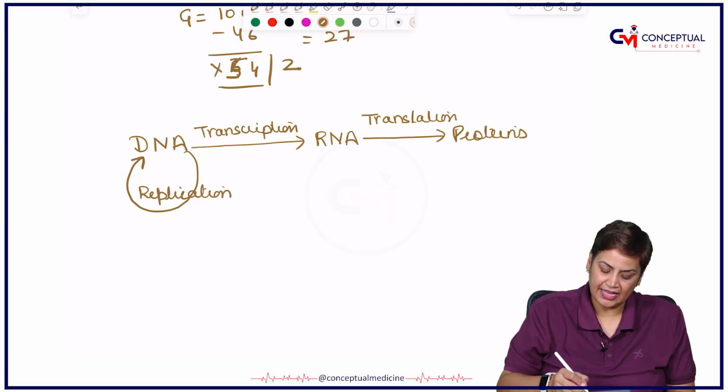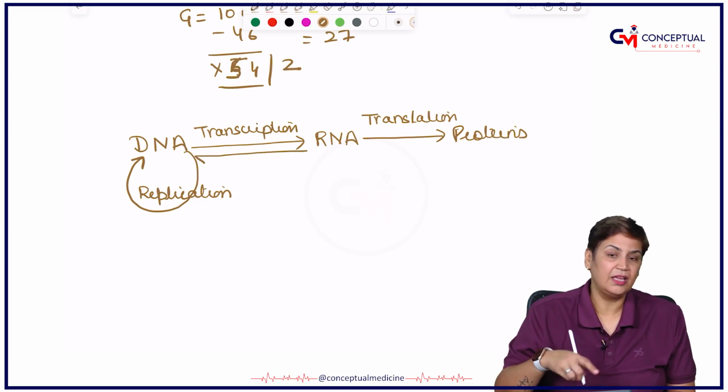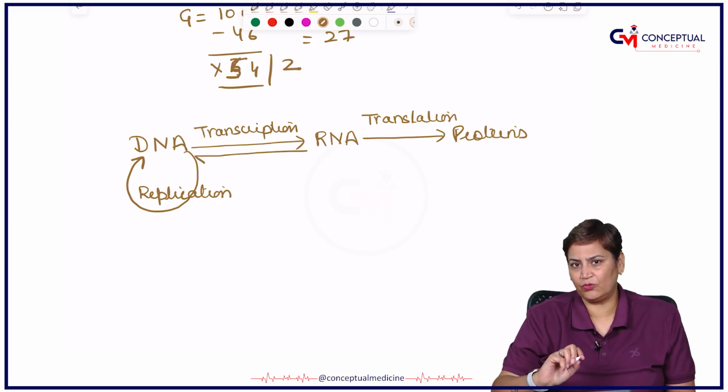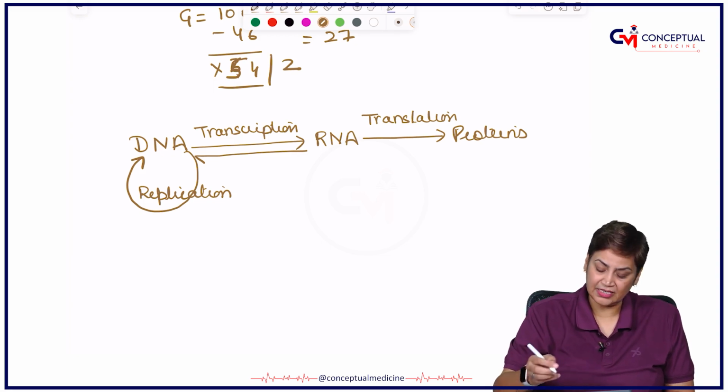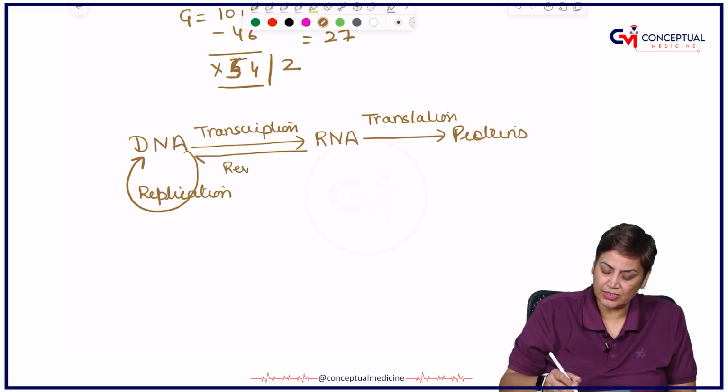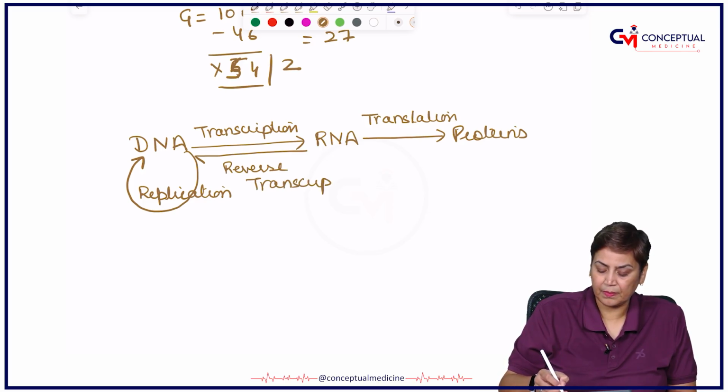And this RNA can also be converted into DNA, which is the reverse of transcription. It was there in COVID, or you can say in the majority of retroviruses, the HIV virus, where reverse transcription occurs.